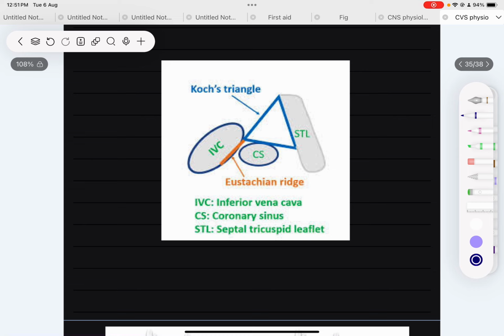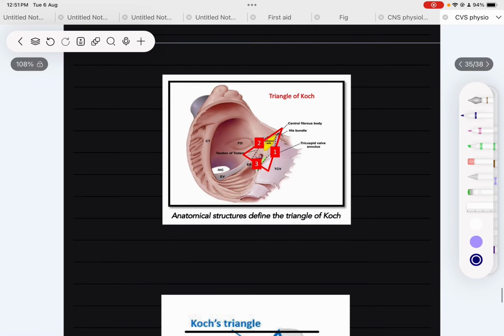So inferior vena cava, coronary sinus and the septal tricuspid leaflet will form the boundary.